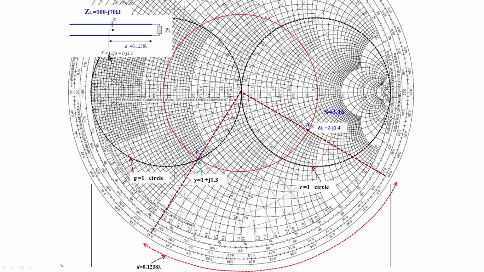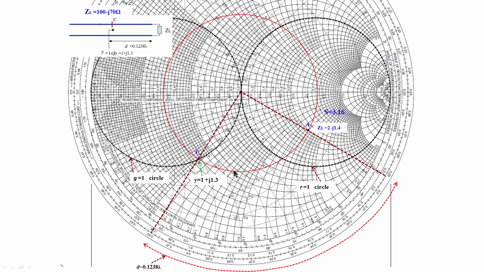It means the G value is 1, correct? The G value is equal to 1 and susceptance may be anything. As you go on moving, admittance changes, and impedance also changes. But what we are looking for is the conductance value of 1.